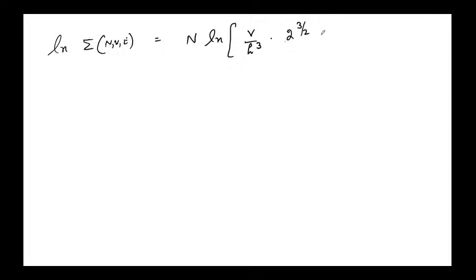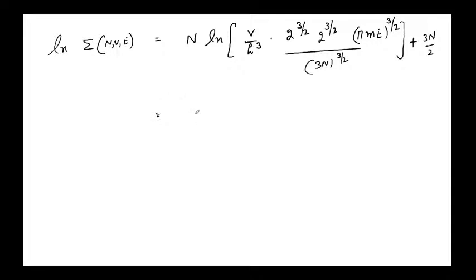The denominator term also goes upward, that is 2 to the power 3 by 2 into pi me to the power 3 by 2 over 3n to the power 3 by 2, plus 3n by 2.